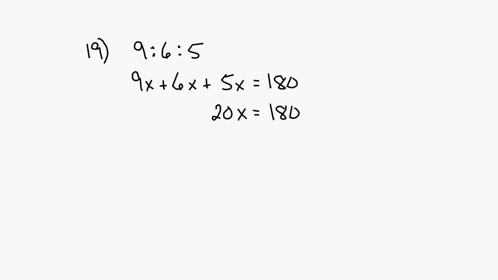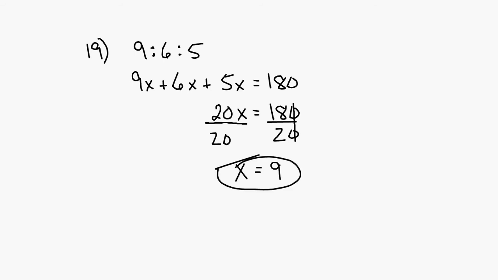If you divide both sides by 20, then x is equal to 9. 180 divided by 20, 18 divided by 2 is 9. So x is equal to 9. What is the smallest angle? That means the smallest angle is this 5 times the multiplier angle.